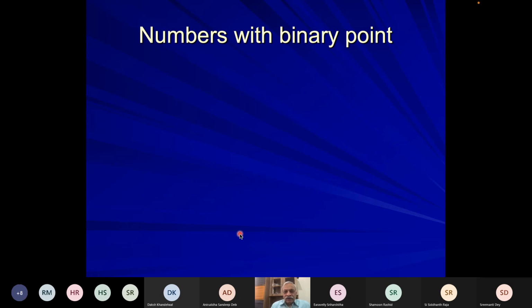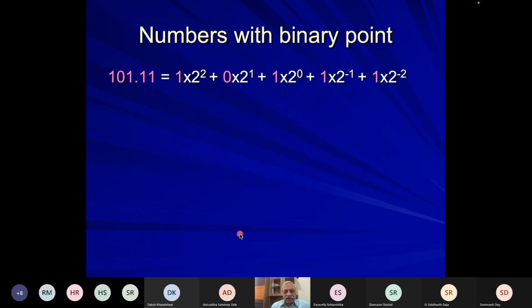Let's understand first binary representation when fractions are involved. For example, what does 101.11 mean? We have positive weightage for the bits on the left of the point and negative exponents for the bits on the right. So 2 raised to power 2, 2 raised to power 1, 2 raised to power 0.